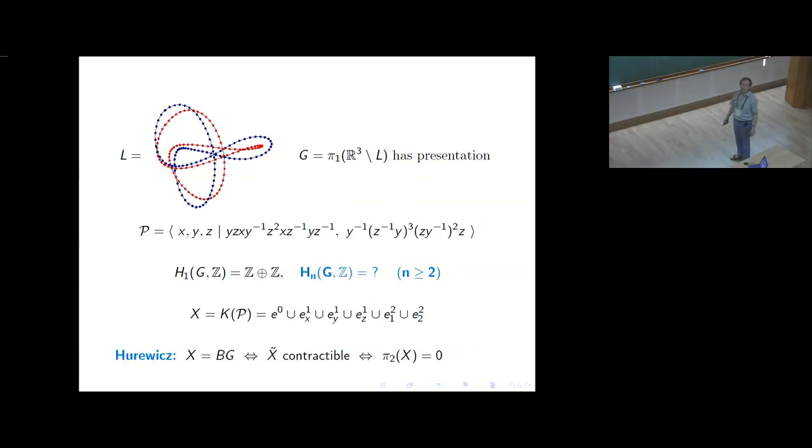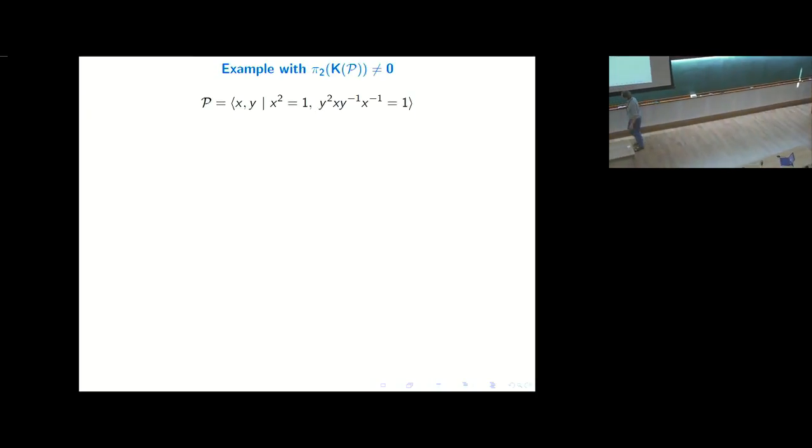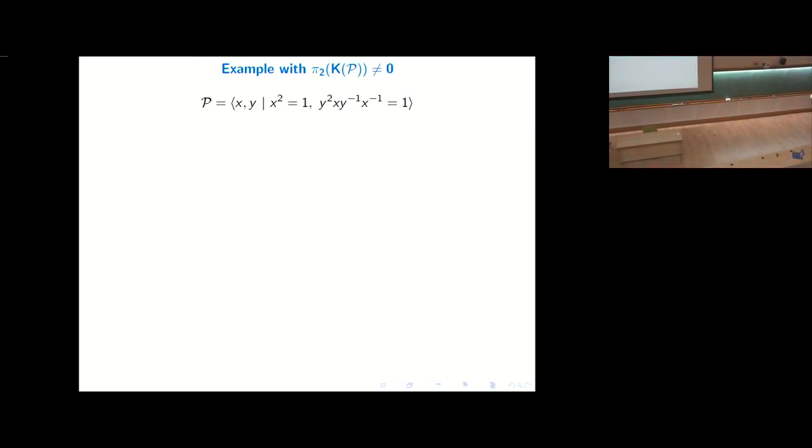So how could you go about that? Let's just see an example where it's clearly not always the case. For any finite group, it won't be 0. Let me, for future reference, record this group before I wipe it away. This group has 2 generators, and it's got 2 relators.